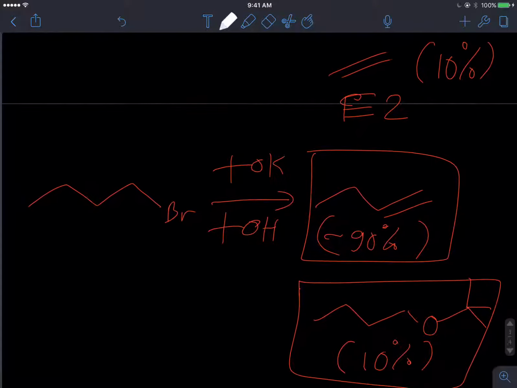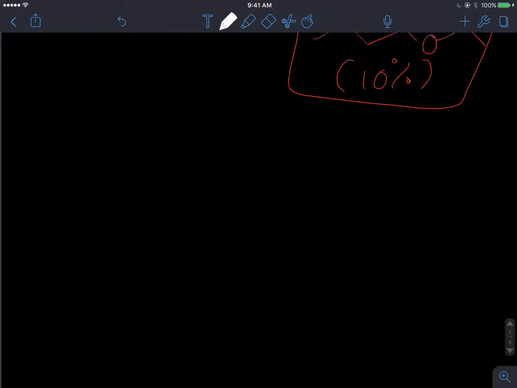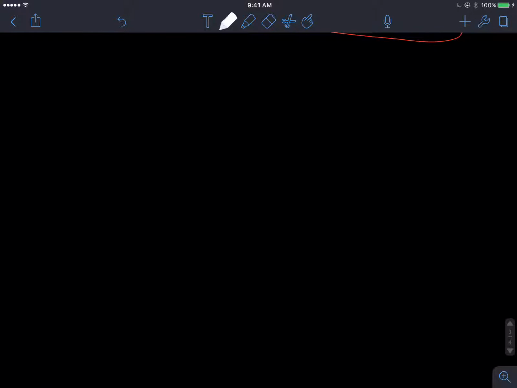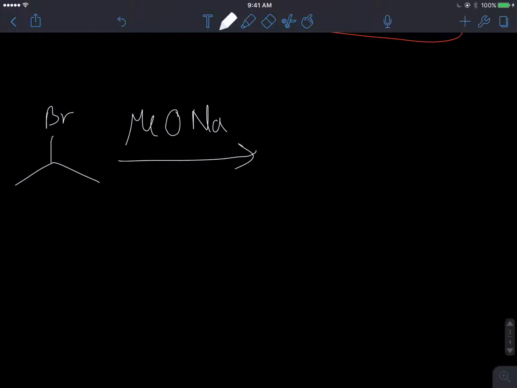For example, I'm going to scroll down over here. Okay, this is the example. Bromine. I'm going to use this base, MeONa in MeOH. Give it some heat.